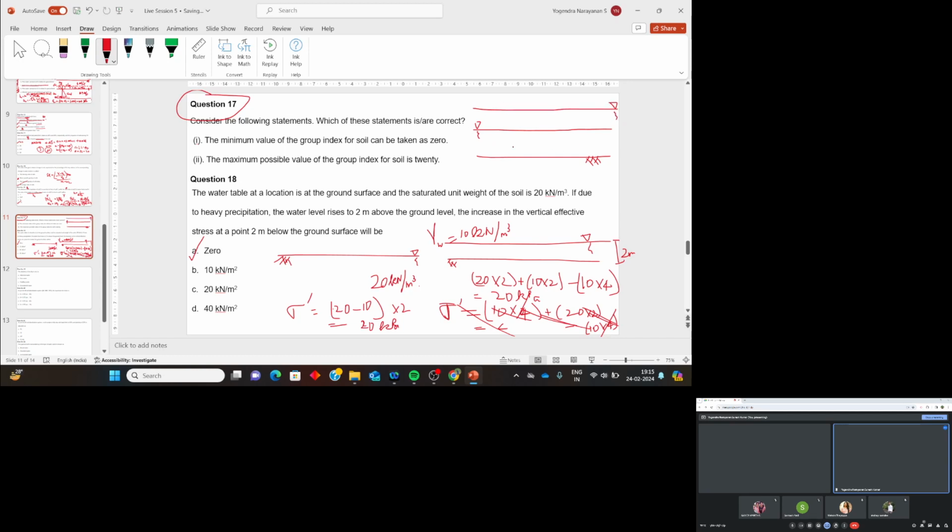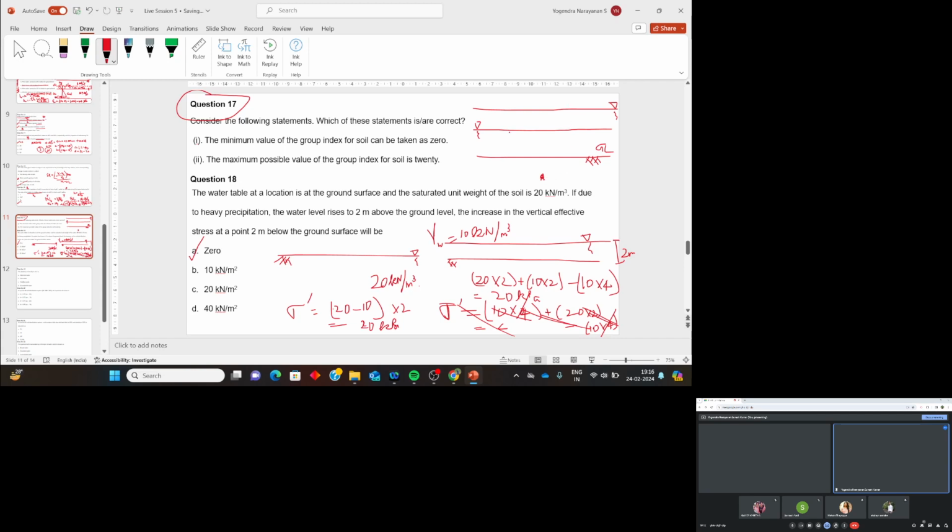So due to these types of fluctuations, that is fluctuations of water level above the ground, please listen carefully: the fluctuations of water level above the ground will not have any effect on effective stress at any point below the ground level.